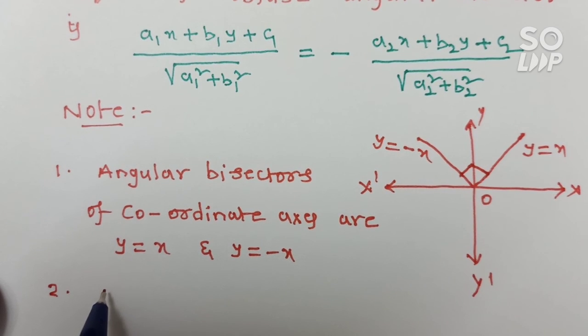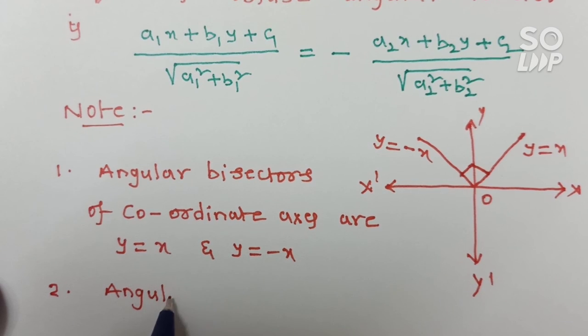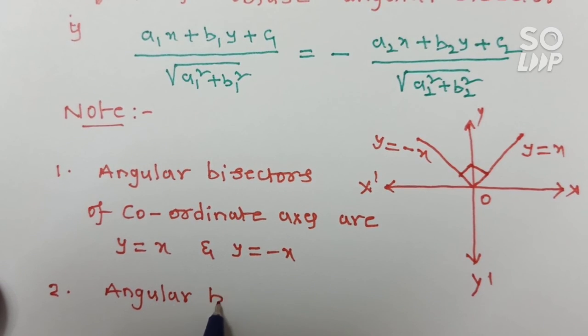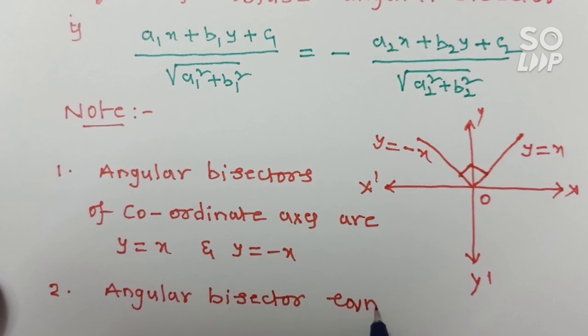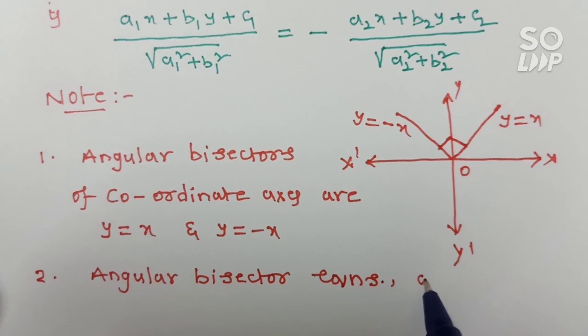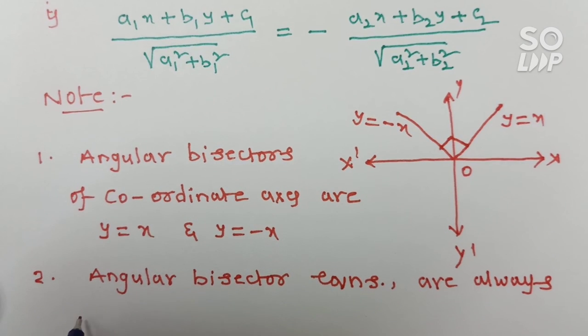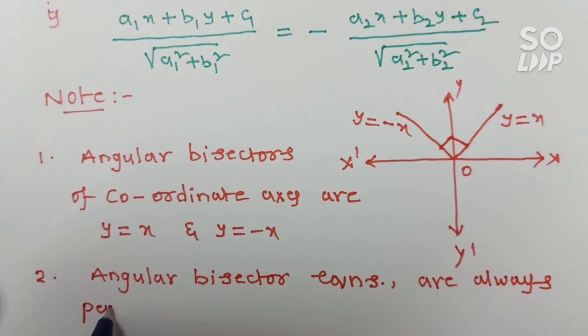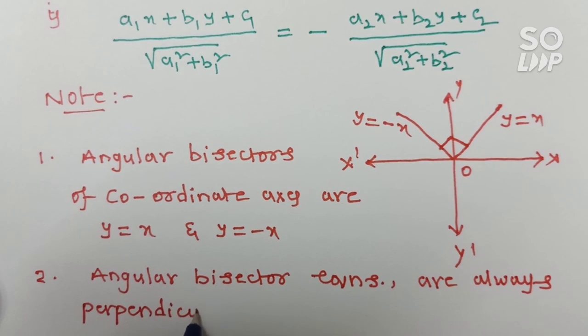Second point is that angular bisector equations are always perpendicular to each other.